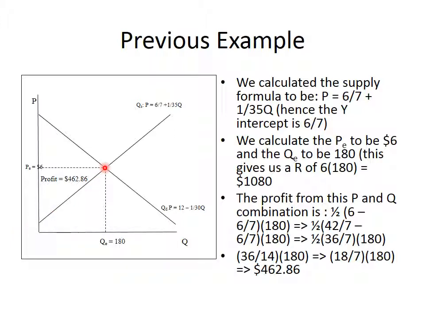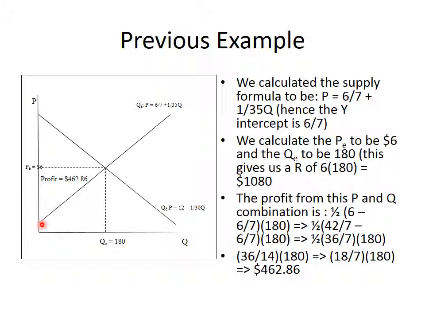We continue to produce until supply equals demand, right? So that means that we're going to have this triangular space as our profit, which is to say 1/2 times 6 minus 6/7, times 180 units. You'll notice what this is. This 6 minus 6/7, that's our profit per unit.